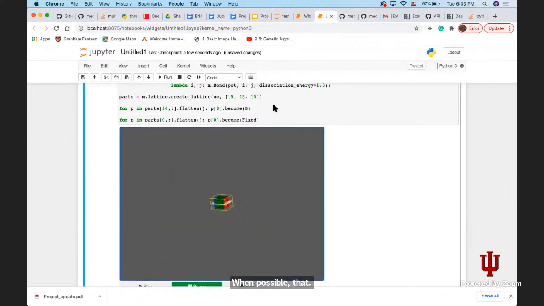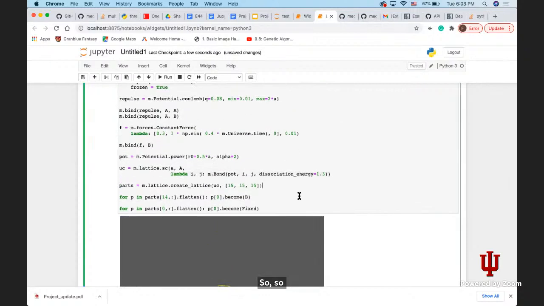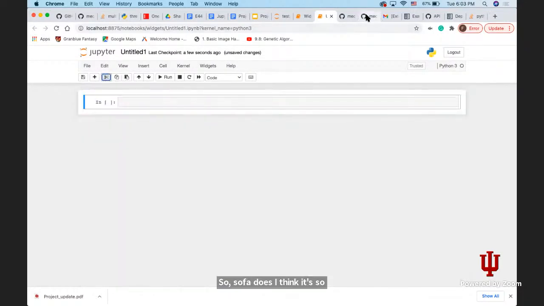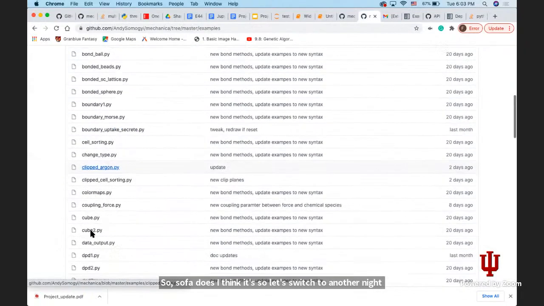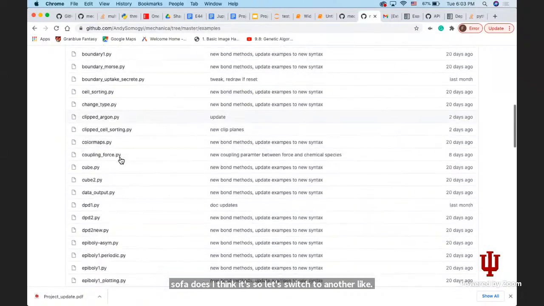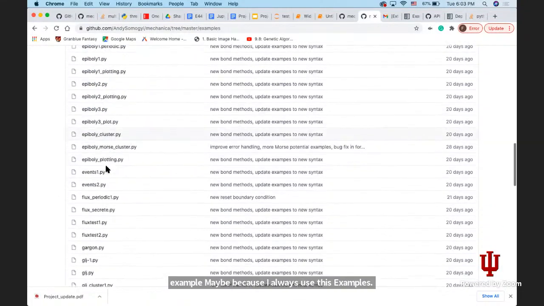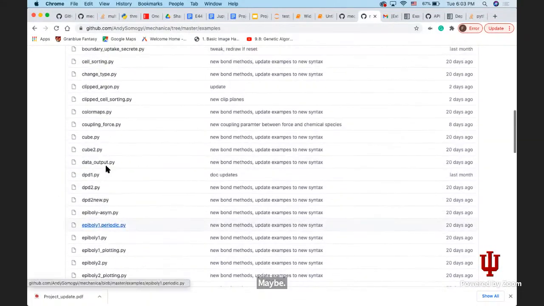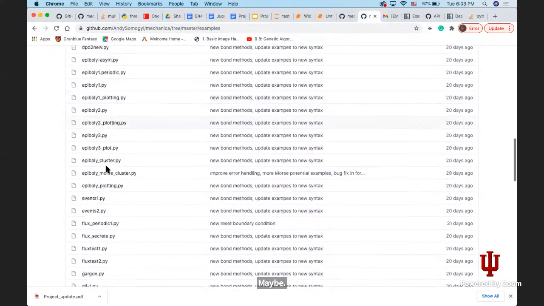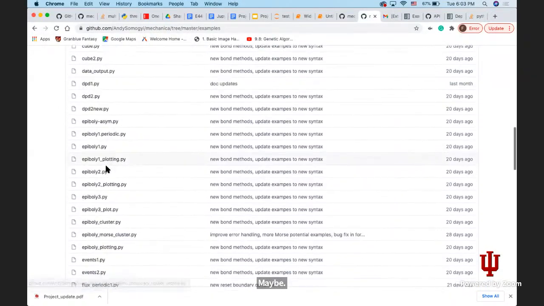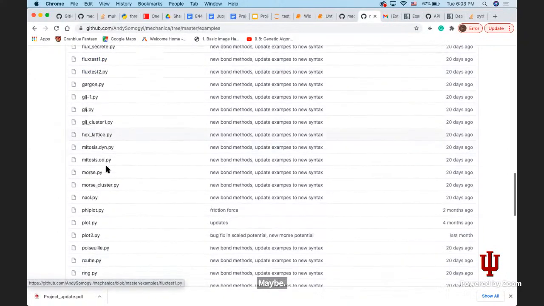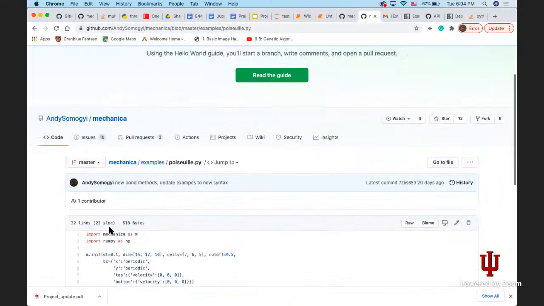Let's switch to another example maybe, because I always use these examples, like maybe the Poisson ones, I think Jeffrey uses.